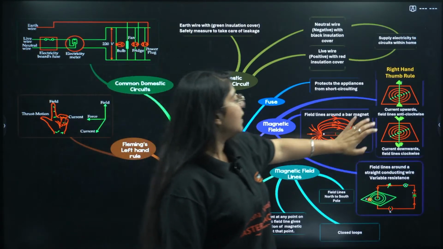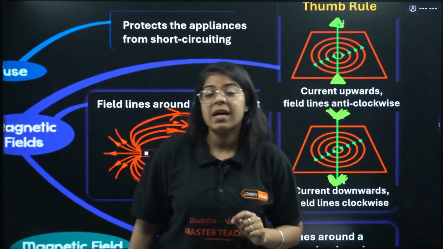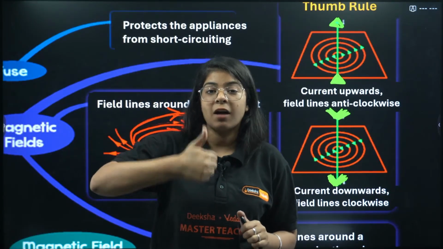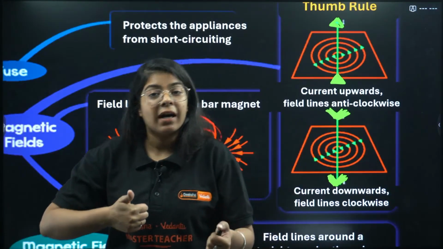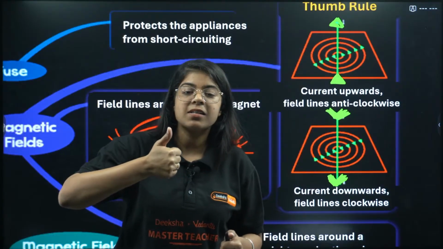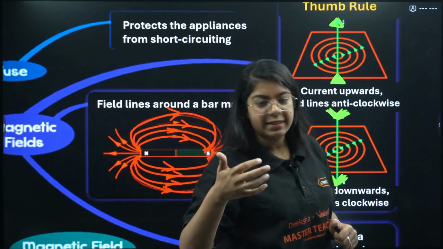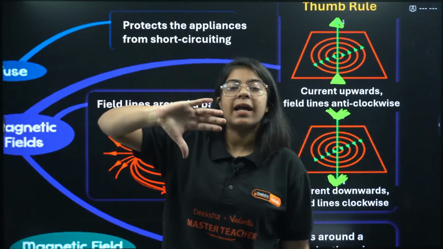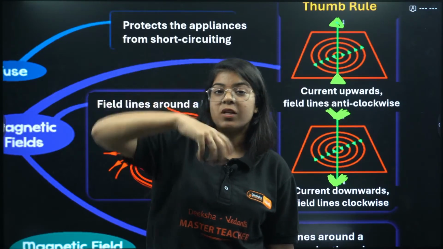The first is the right hand thumb rule, which says if I take my right hand and point the thumb in the direction of current, then the curling of fingers will give me the direction of magnetic field lines. Correct? And if I invert the direction of current, then the direction of magnetic field lines will change.